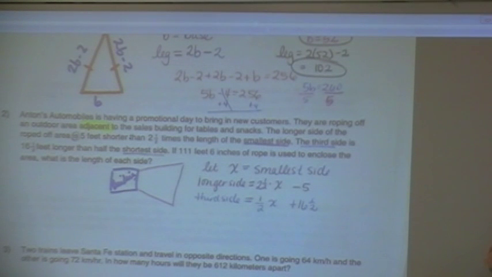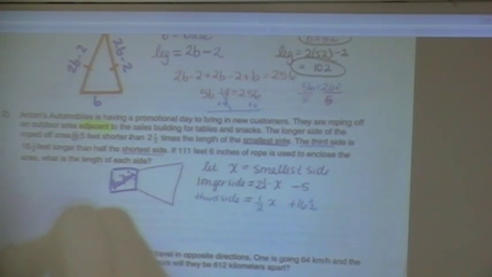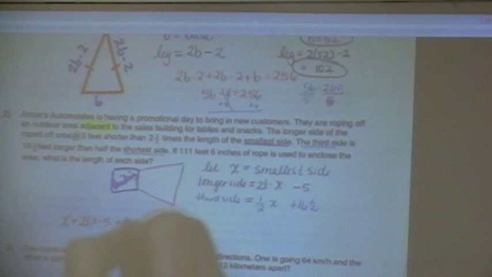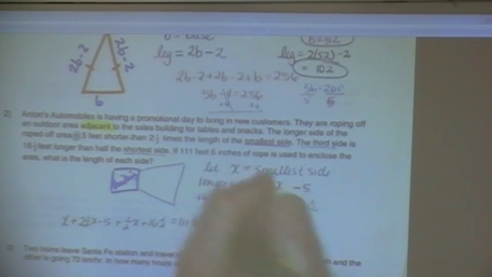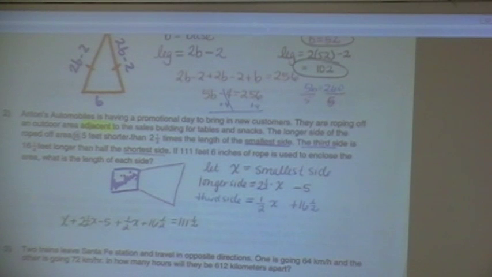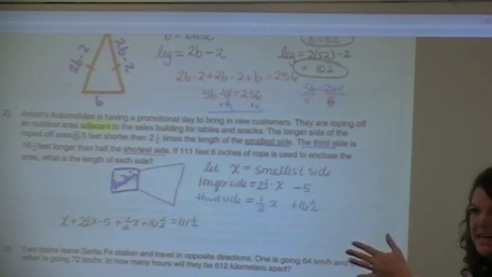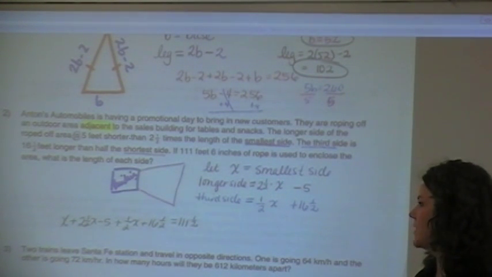It's just side plus side plus side. So the small side, which is x, plus the long side, which is 2.5x minus 5, plus the third side, which is 1/2x plus 16.5. And it should all equal 111.5, because 6 inches is half a foot. Everything else was in feet, so we've got to make sure we stay in the same units.